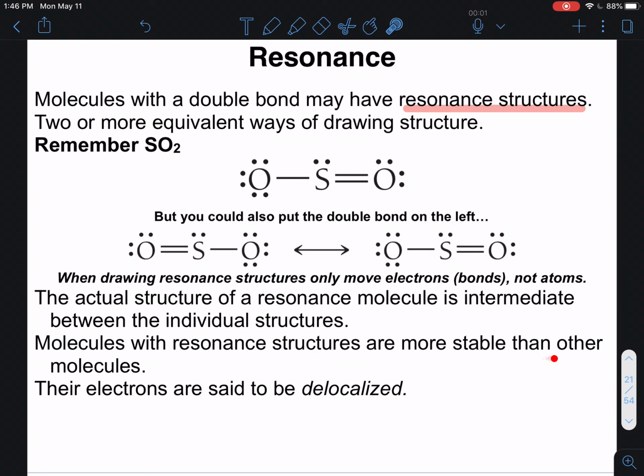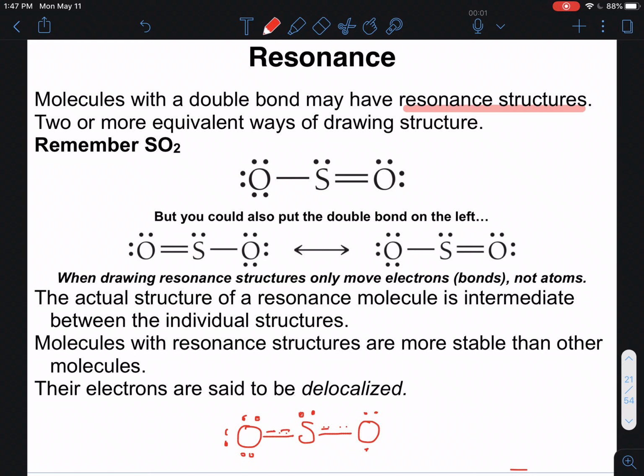Molecules with resonance structures are more stable than other molecules because their electrons are delocalized. The reality is, like I said before, the actual structure isn't this one and isn't this one. This double bond right here is delocalized across the entire structure. So really, you would have this kind of dotted line.